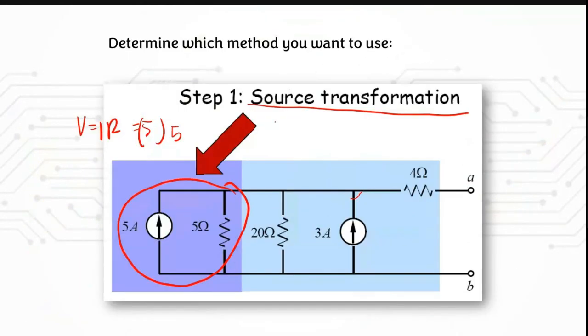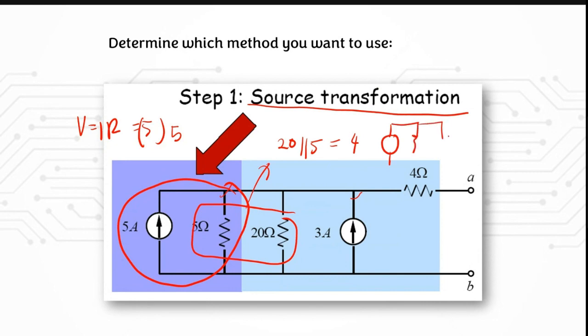So that's why you will have this circuit, and then they calculate this value, where we have 20 parallel with 5, where this one is equal to 4, and then when you redraw again the circuit, you will have this. So you will have this will be 5, and then here you will have 3, and then here you will have 4 ohm, and then here you will have 4 ohm.